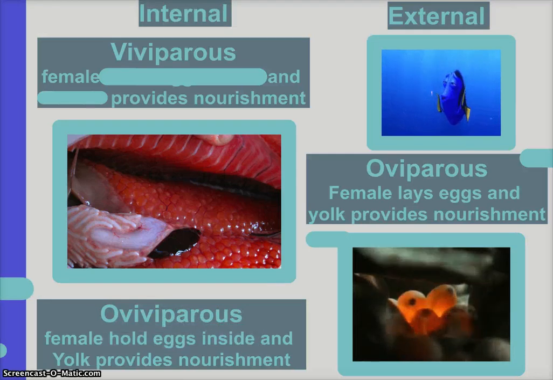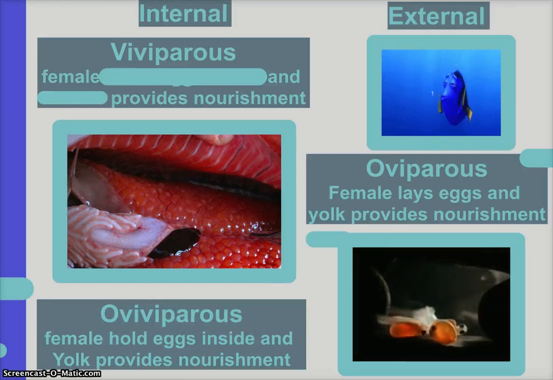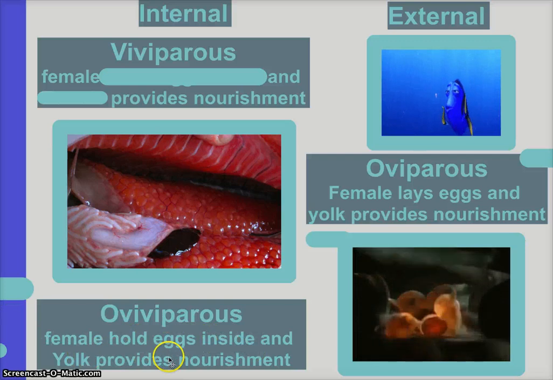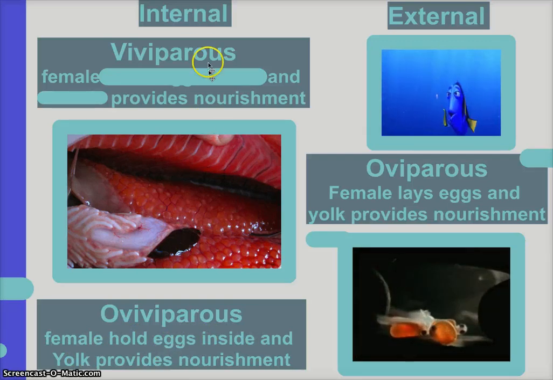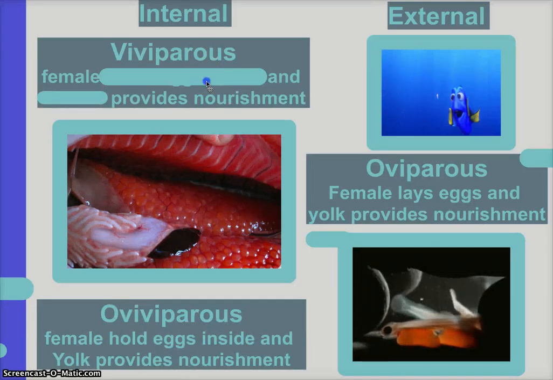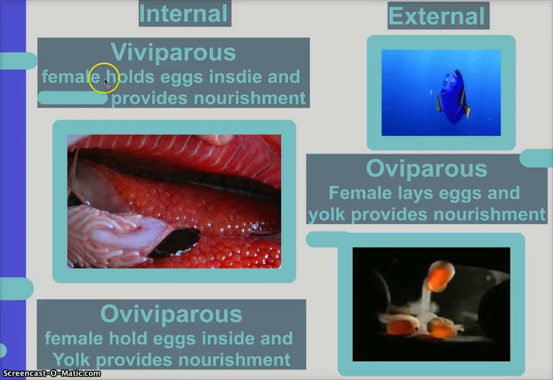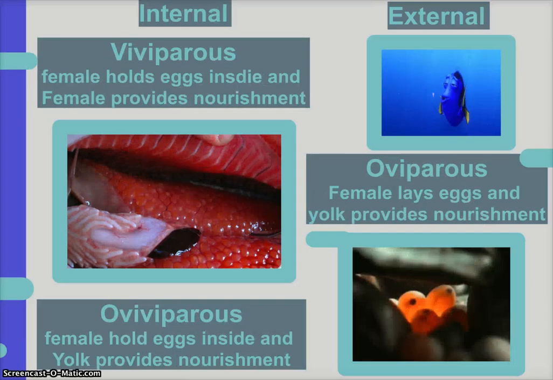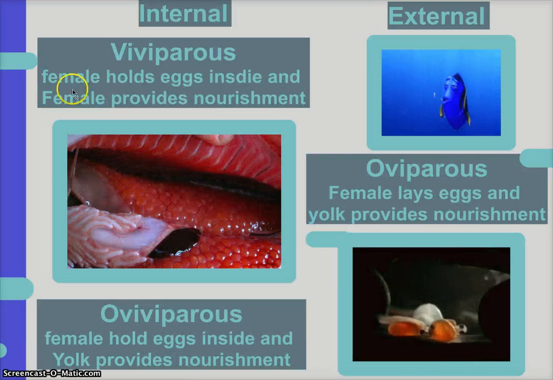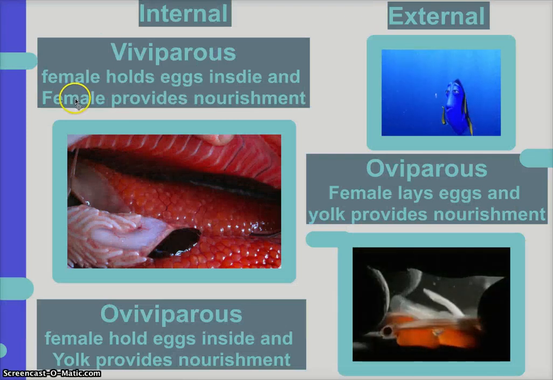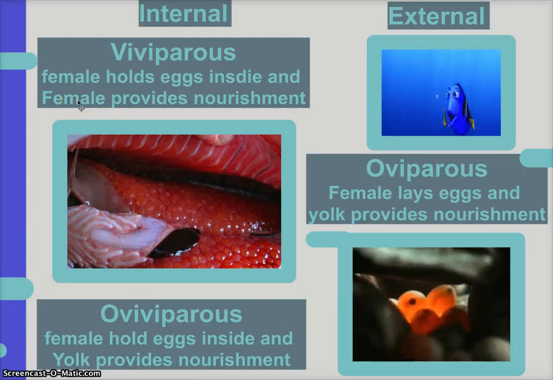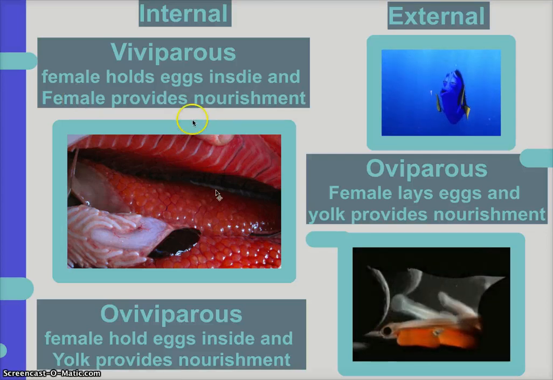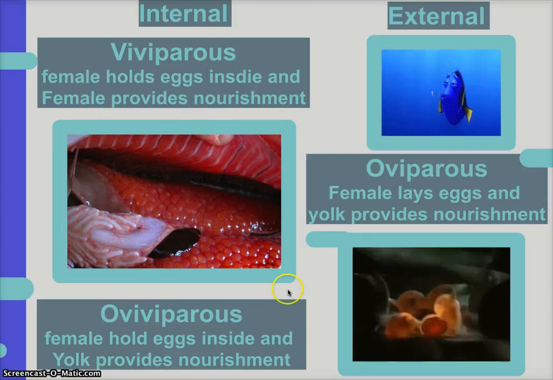The difference is ovoviviparous is inside the female. So the female holds the egg inside, and the yolk still provides the nourishment. In viviparous, the female holds eggs. The difference is there's no yolk. The embryo gets the nourishment from the actual mother, okay? We're going to learn about these eggs when we study more advanced chordates, but that's all you have to know for fish.